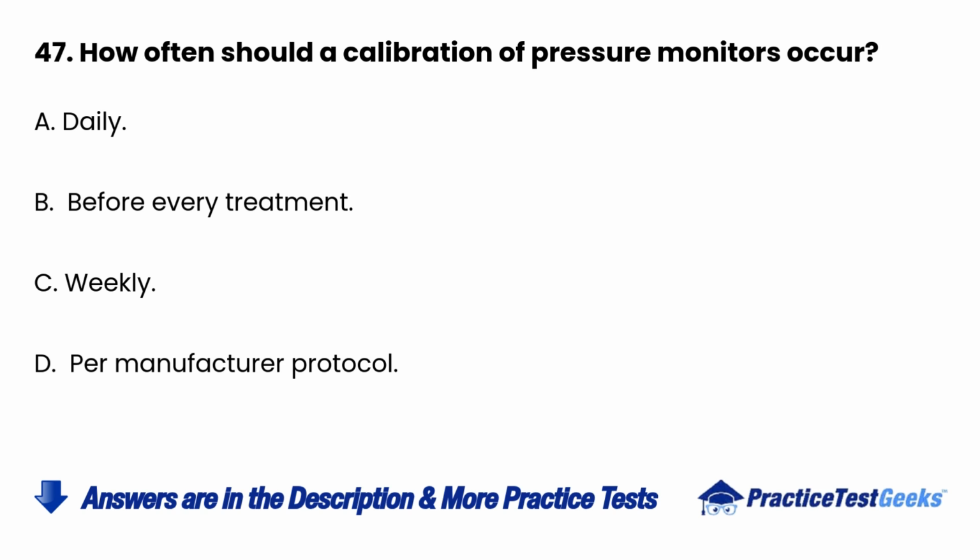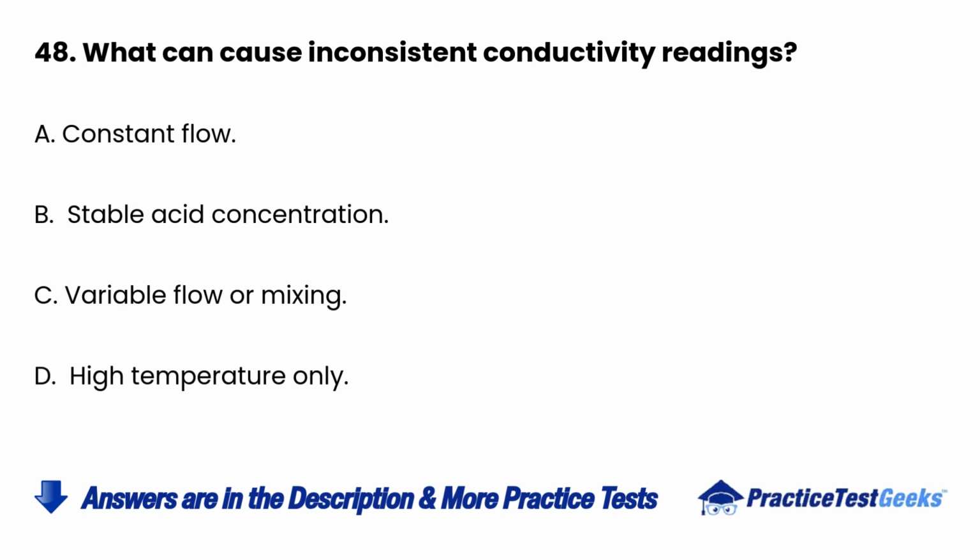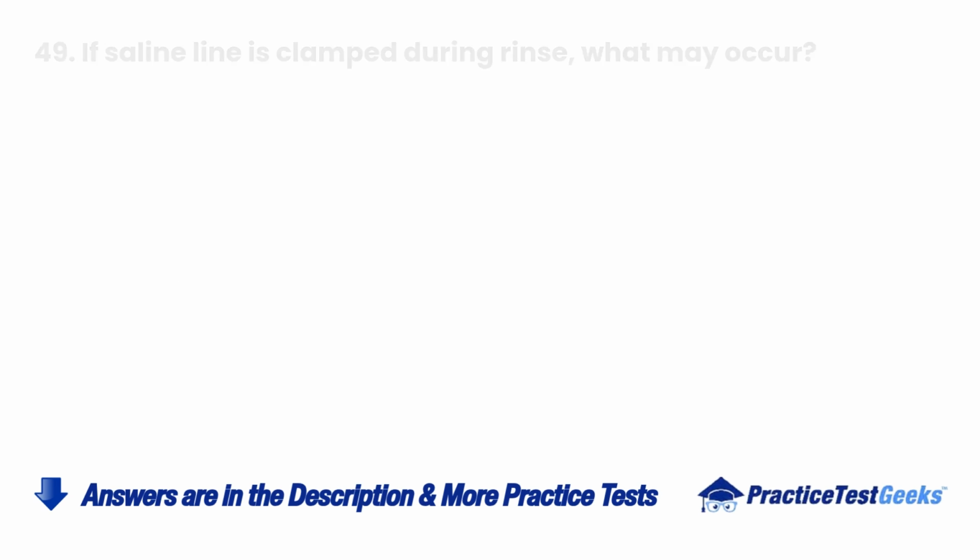C. Weekly. D. Per manufacturer protocol. 48. What can cause inconsistent conductivity readings? A. Constant flow. B. Stable acid concentration. C. Variable flow or mixing. D. High temperature only.